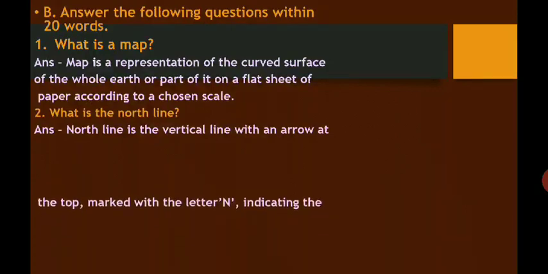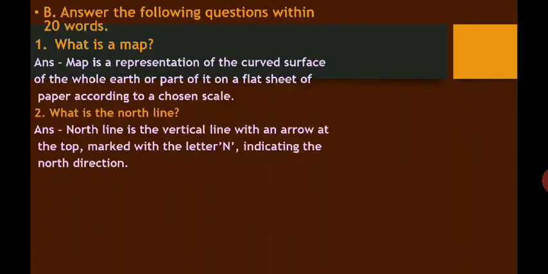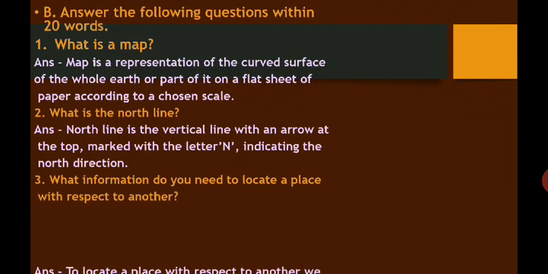To draw a map, there must be a scale, and it is the representation of a curved surface of the whole earth or part of it. That is, we can draw a world map, or a map of a part of it, maybe some countries, some states, like this.